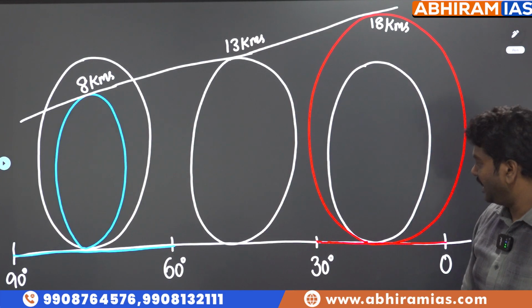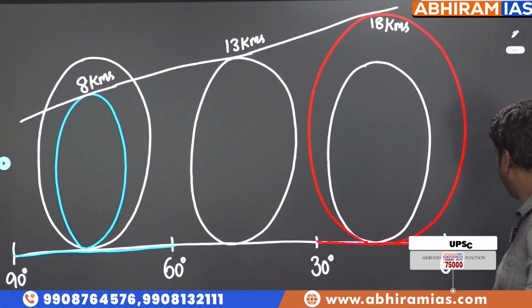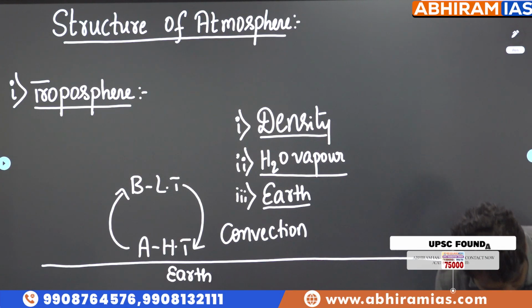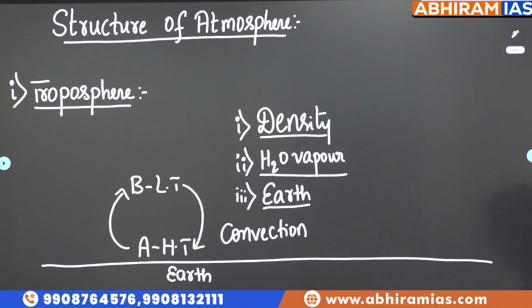Okay. So, you write down: troposphere. It is the bottommost layer of the atmosphere, which is under the influence of Earth's surface.